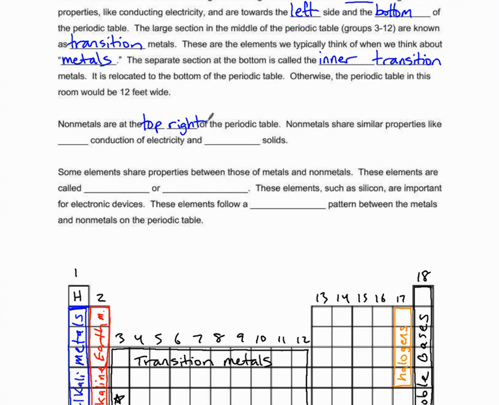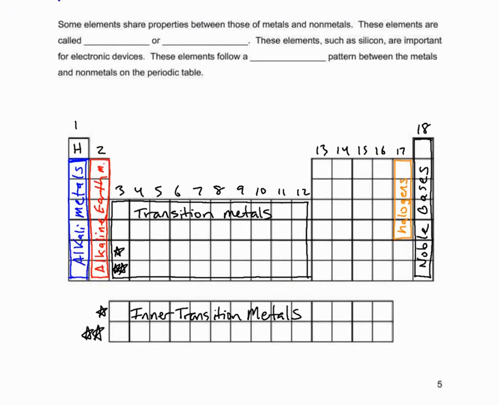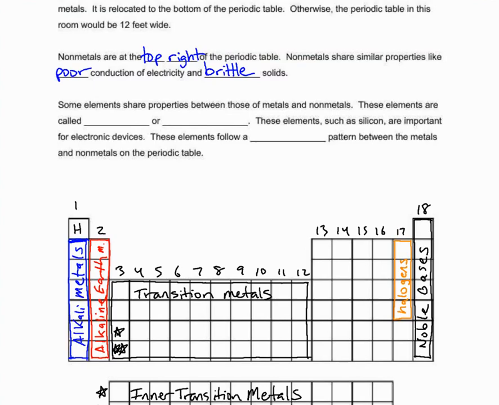Nonmetals show a lot of similar properties. Like, for instance, they are very poor conductors of electricity. And they tend to have solids that are very brittle. So a good example of this is glass. Glass is made of a chemical that's composed of a couple of nonmetals, and they're very fragile.